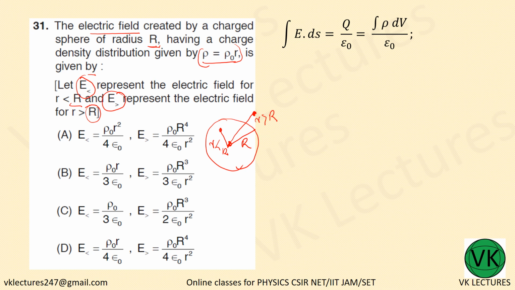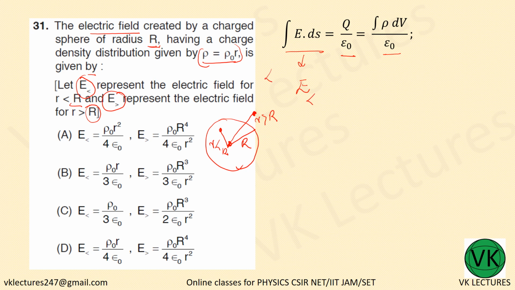Now here is the formula for finding the electric field by Gauss law. Closed integral E dot ds is equal to q by epsilon naught, which in terms of rho is integral rho dv by epsilon naught. On the left hand side you can write E into ds. First let us find E less.